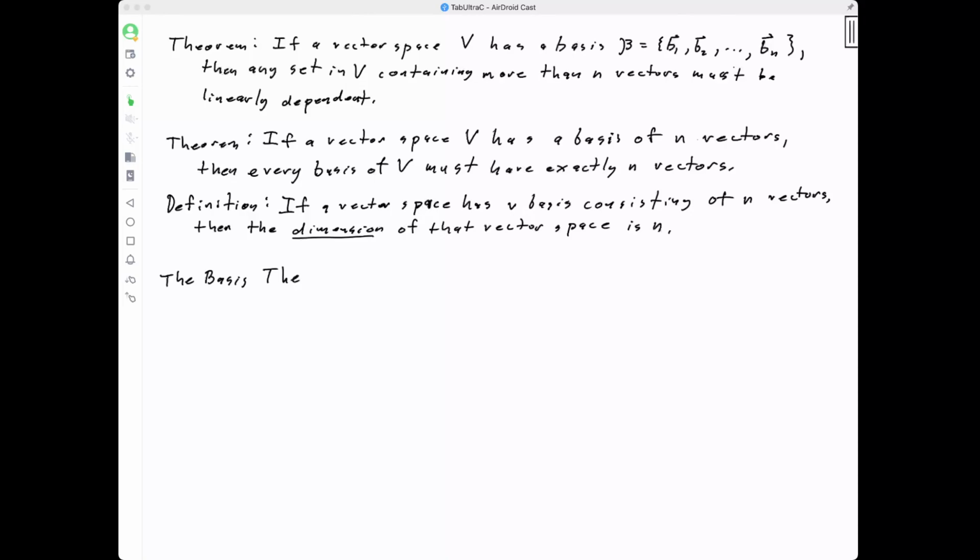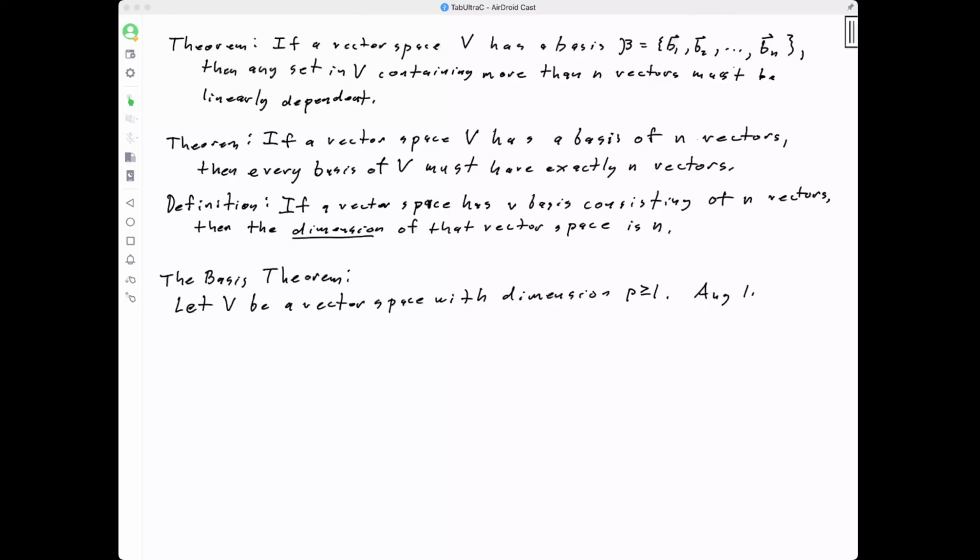What the basis theorem says is, let V be a vector space with dimension P, and P has to be at least 1.